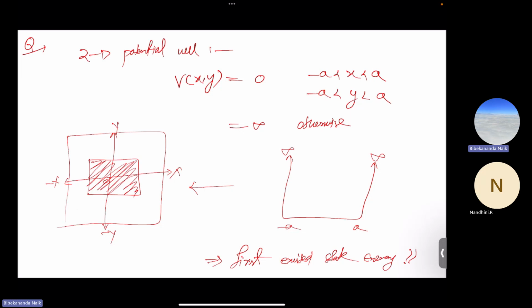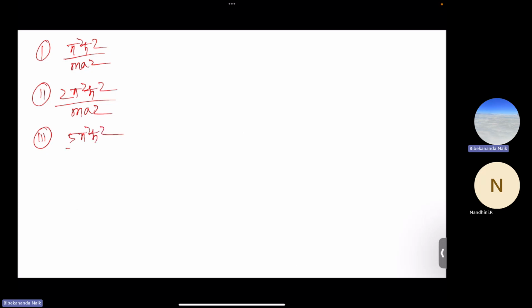So the options are: option A, pi square h cross square by m a square; option B, 2 pi square h cross square by m a square; option C is 5 pi square h cross square by 8 m a square, and option D is 4 pi square h cross square by m a square.